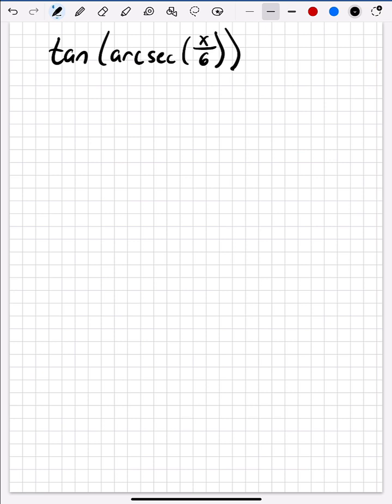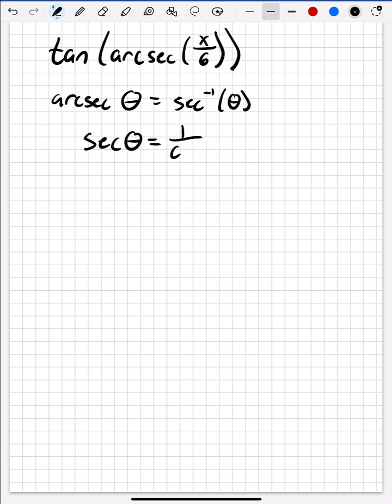Arc secant, right, would just be the inverse. So we'll say the arc secant of theta is just the inverse of secant, right? All right. And you may not remember this from a previous section, but it's okay if you do. It's in the textbook. But the secant of theta is equal to 1 over the cosine of theta.